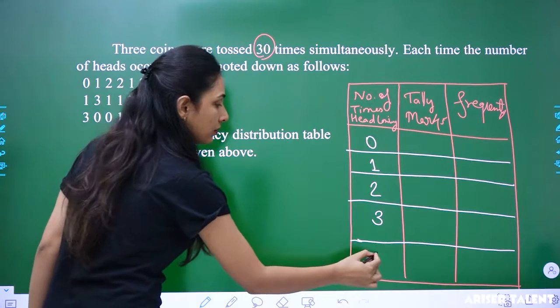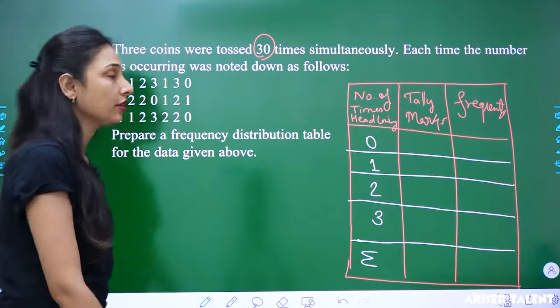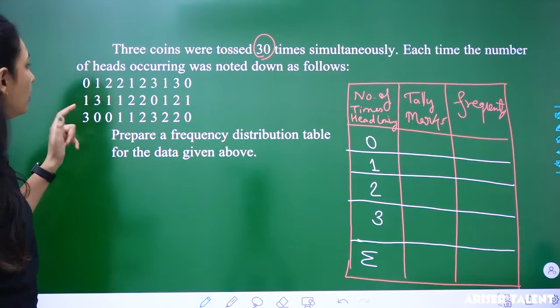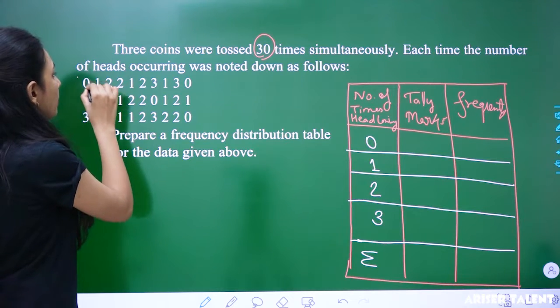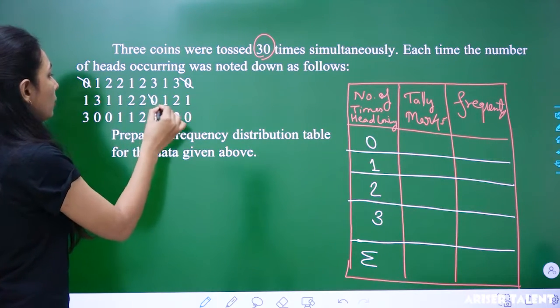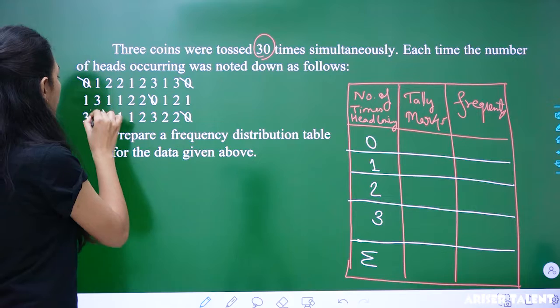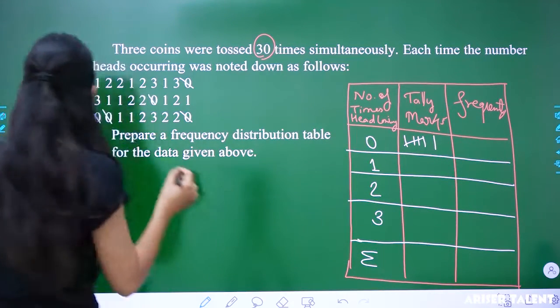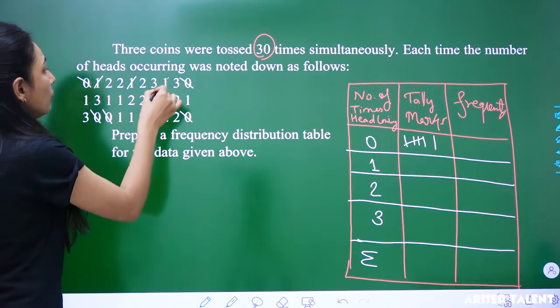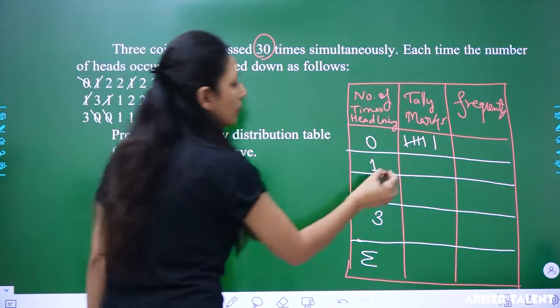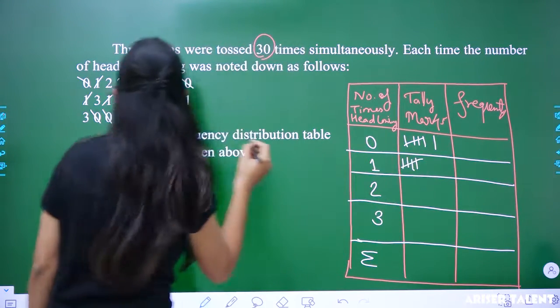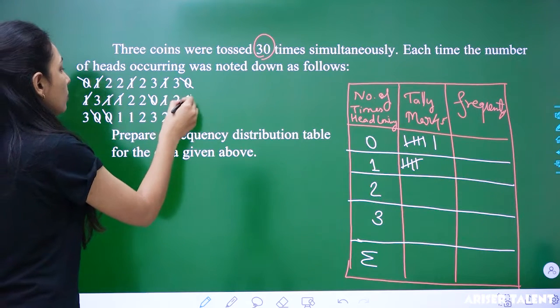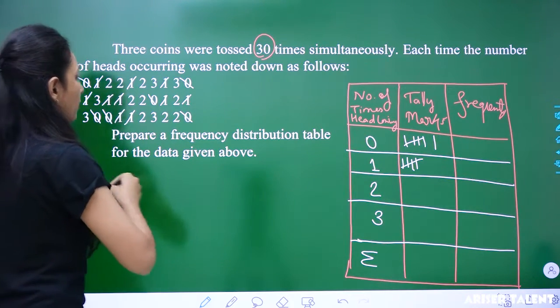Now, this is for summation. If it's 0, we can just count 1, 2, 3, 4, 5 and 6. Then for 1, we count 1, 2, 3, 4, 5, then again 1, 2, 3, 4, 5, again 5.